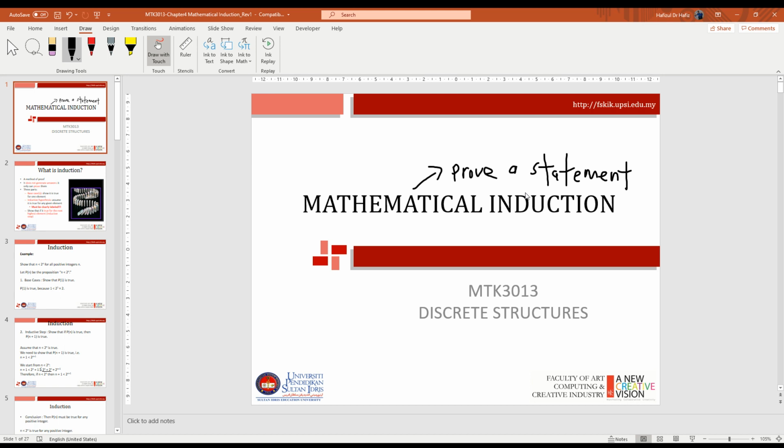Okay, this one is used to prove a statement, a formula or theorem is true for every natural number.